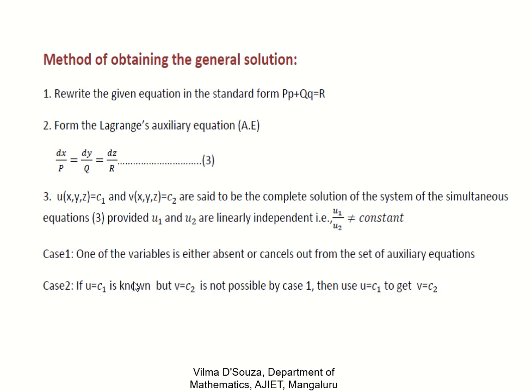If u is equal to c1 is known but v is equal to c2 is not possible by case 1, then you consider u is equal to c1 to get v is equal to c2. This I will explain elaborately when I work out the problem.